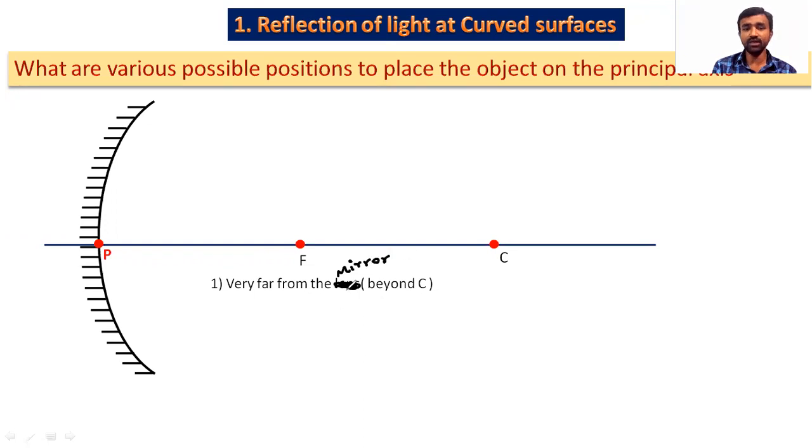Very far from the mirror. So it is infinity position. For this position, we cannot show the object. We can only use the parallel rays, not showing the object.